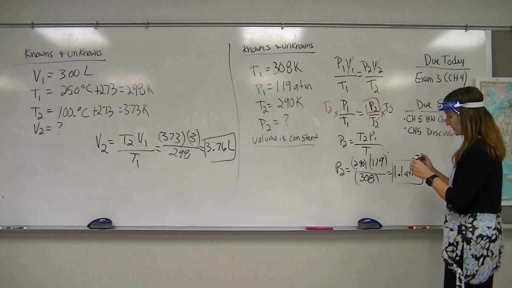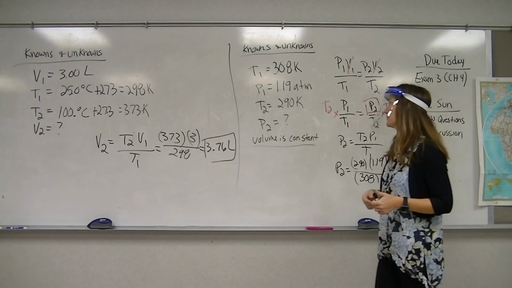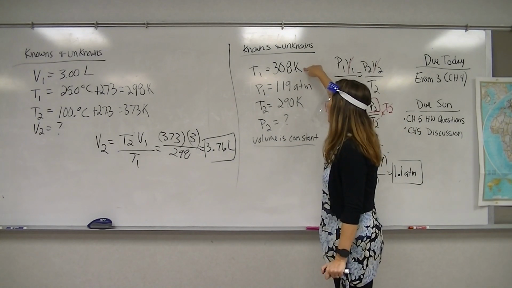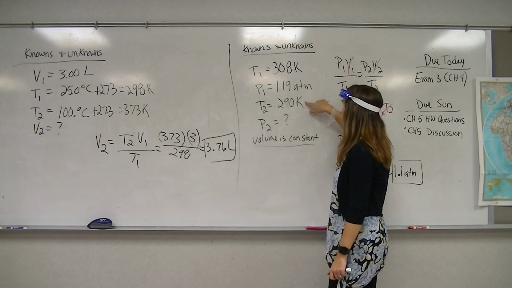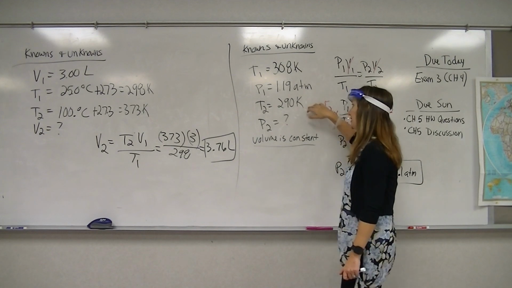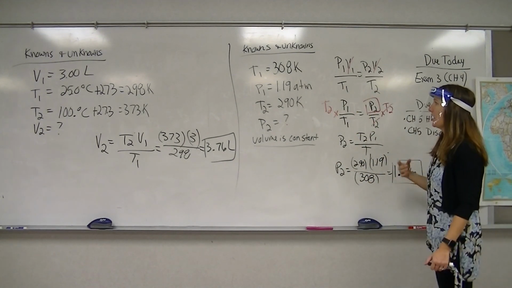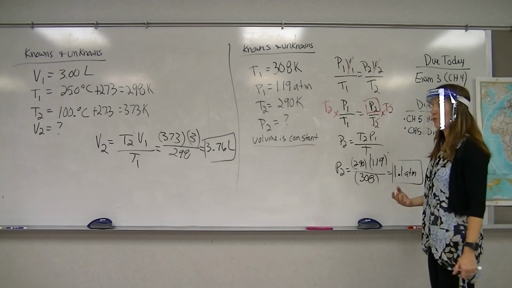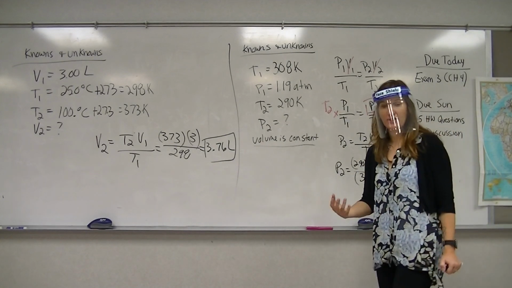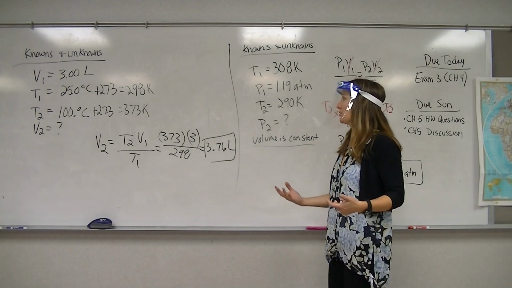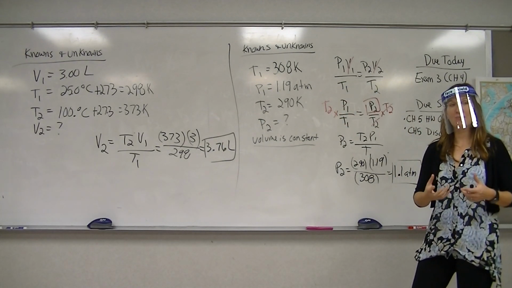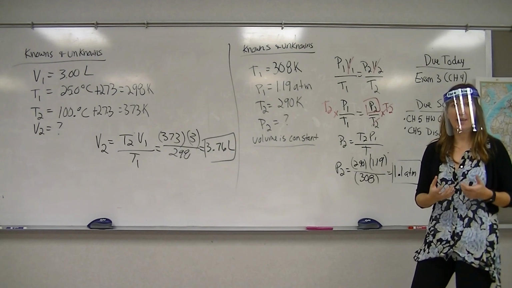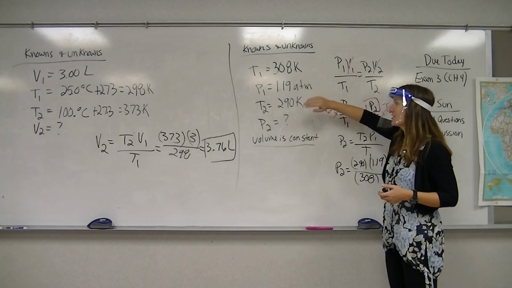Okay, so what's happening? We're talking about car tires. The temperature outside is decreasing. So if the temperature is decreasing outside, we should see the pressure decrease. And you probably noticed this in winter, maybe recently even with the temperature dropping, that you had the light come on in your car or you needed to add more air to your tires. That's because the temperature is decreasing.